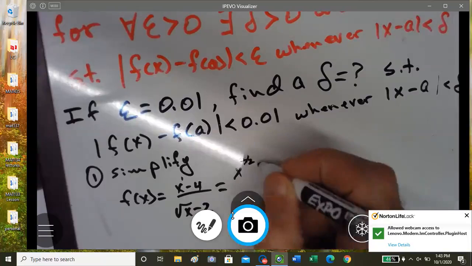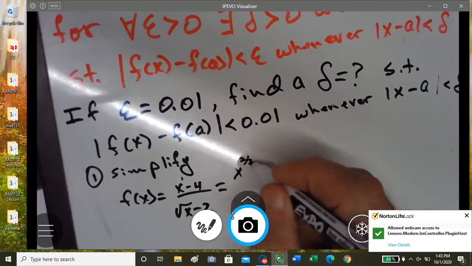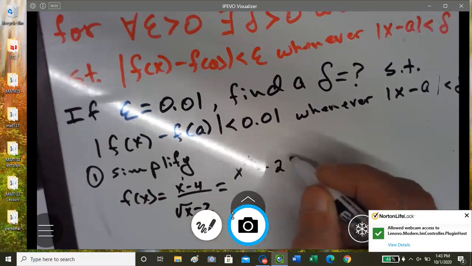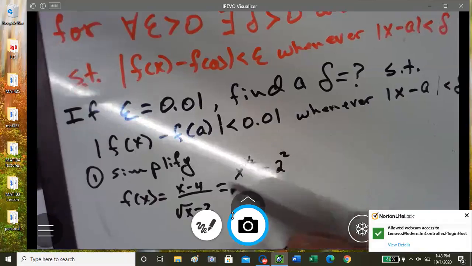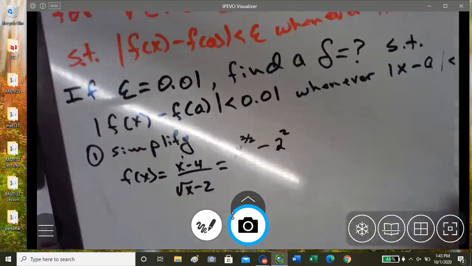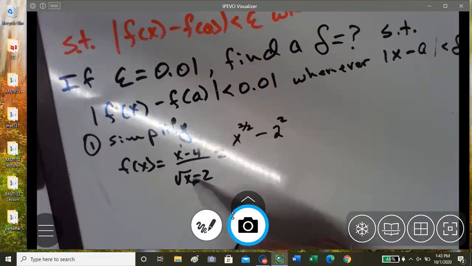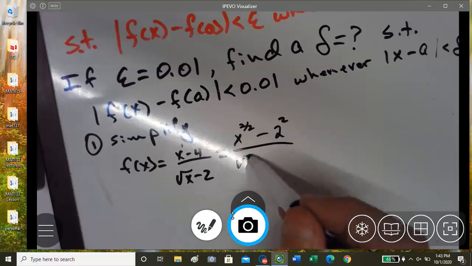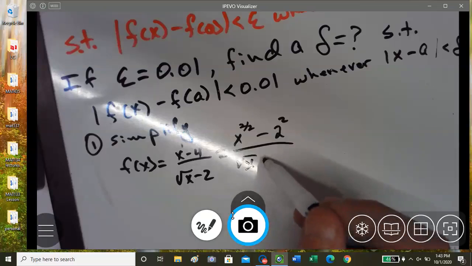Writing x as x to the 2 over 2, x to the first power is the same as 2 over 2, and 4 is the same as 2 squared. So what we're trying to do here is get a difference of 2 squares, factor it out, and see if we can cancel the square root of x minus 2 in the denominator.